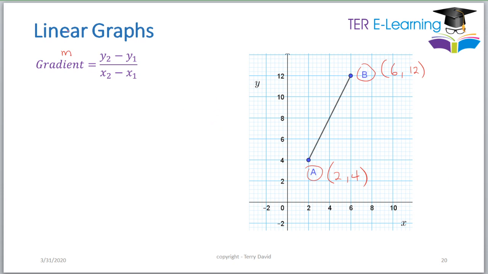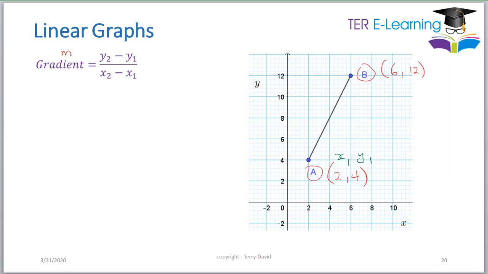Now, this might seem trivial, but I always tell my students to do this in order not to confuse themselves. So here's what you need to do. You need to decide either A is going to be my 1's point and B is going to be my 2's. Let me just explain what that means. So let's say we are looking at the point A. The point A is going to have an x1 and it's going to have a y1.